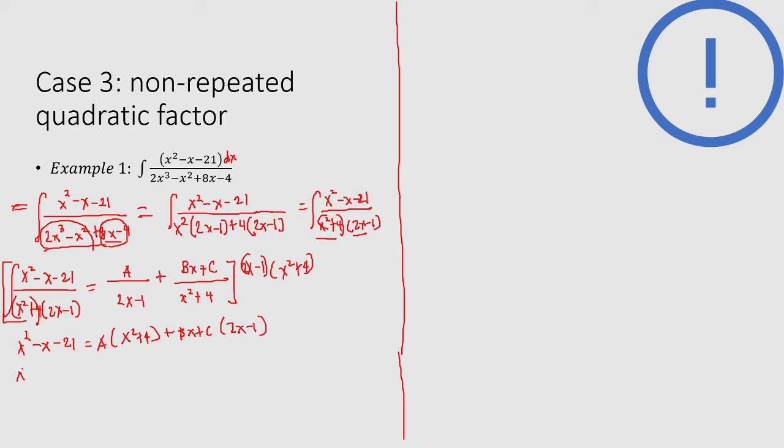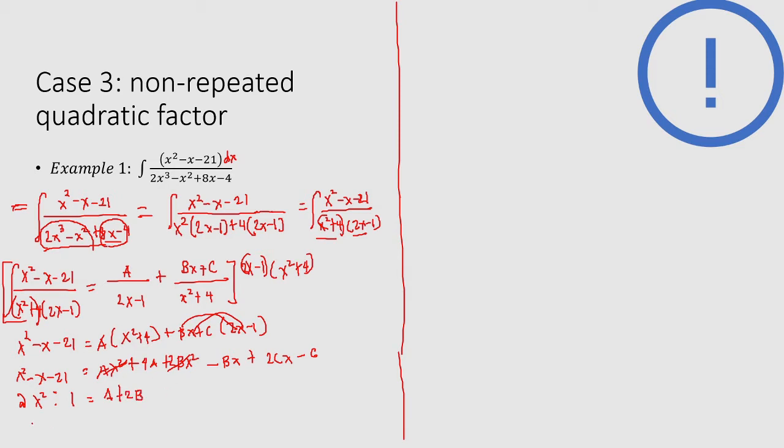Simplifying, that's x squared minus x minus 21 is equal to Ax squared plus 4A plus 2Bx squared minus Bx plus 2Cx minus C. At x squared, you have 1 is equal to A plus 2B.